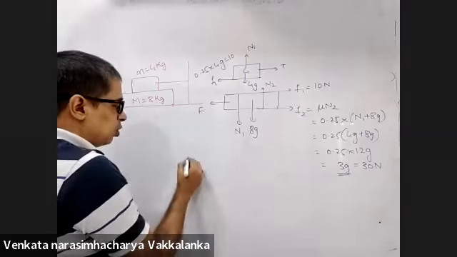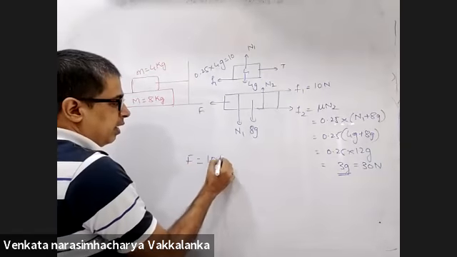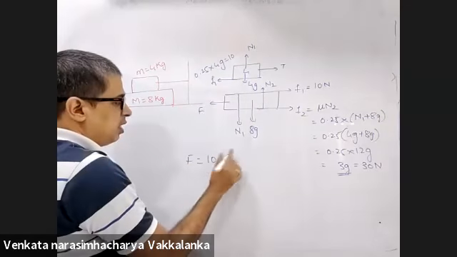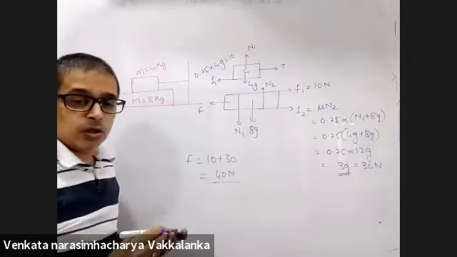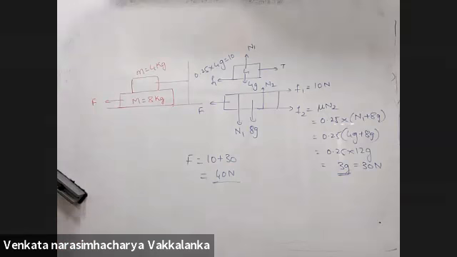So how much force should I apply? 10 plus 30, 40 Newton. F equal to 40 Newton for the block to be sliding with uniform velocity.